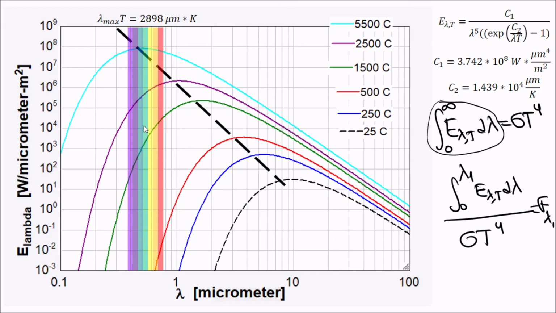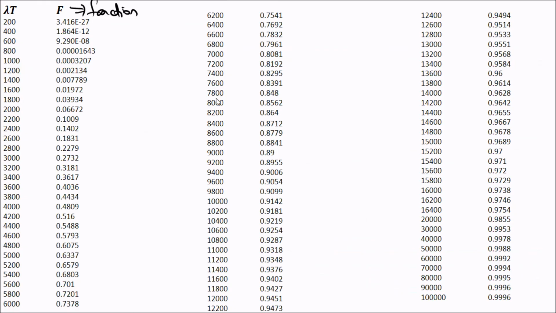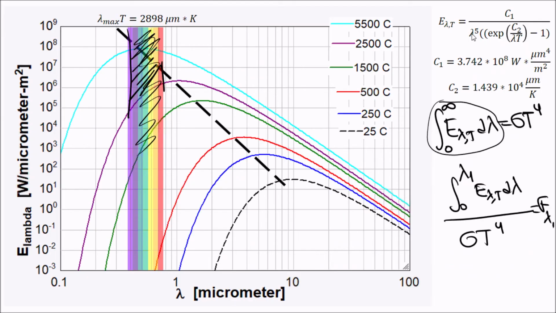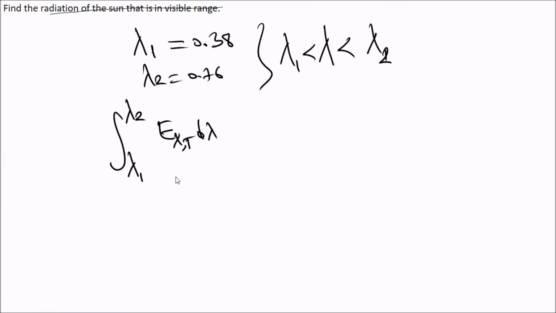It says find the fraction of the sun energy that falls in this range. What is the fraction, or what is the percentage? What I will do is integrate from lambda 1 to lambda 2 E lambda T d lambda, divided by sigma T to the power of 4.